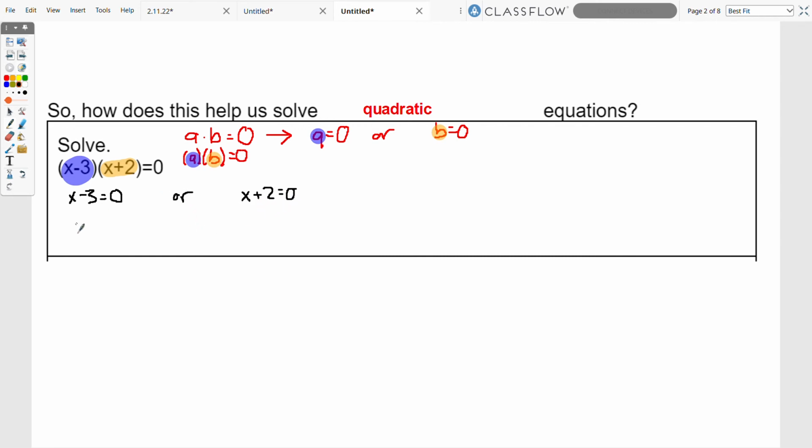Once we have that, we just solve. We add 3 to both sides and get x equals 3. For the second one, we subtract 2 from both sides and get x equals negative 2. Since these are quadratics, they have two solutions, so our two solutions are 3 and negative 2.